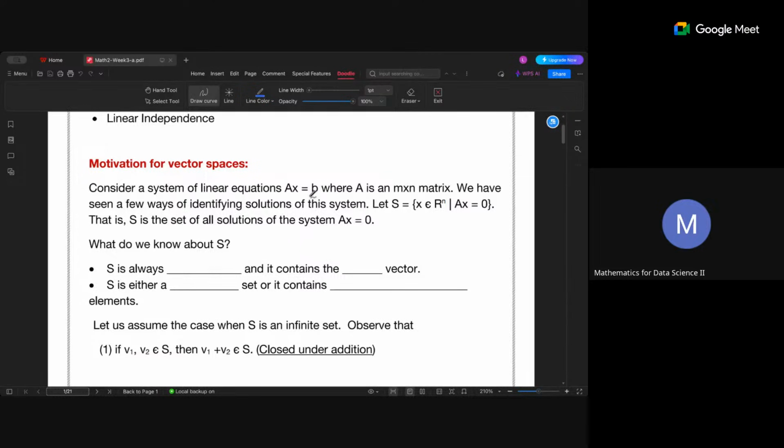Ax is equal to b, where A is an m by n matrix. So we have seen a few ways of identifying solutions. One of the techniques which I mentioned just now is the Gauss elimination method, right? Any other method, can anyone remember?